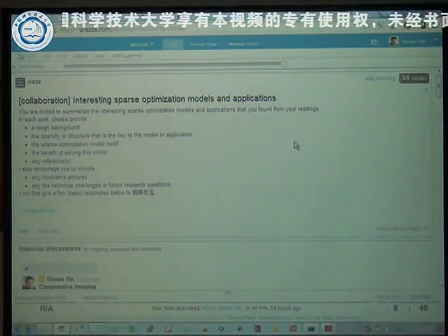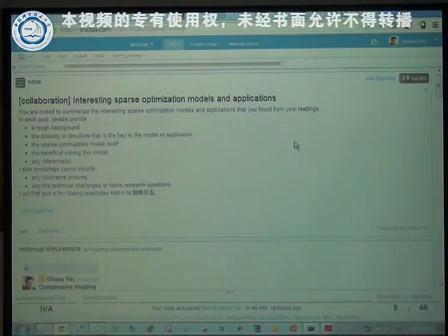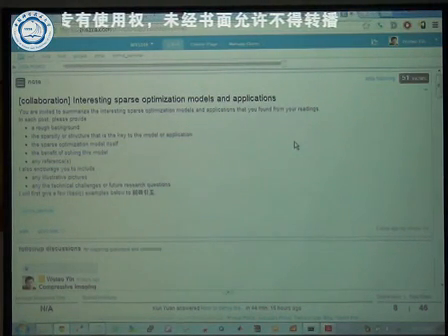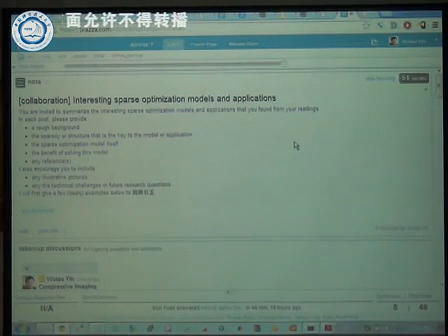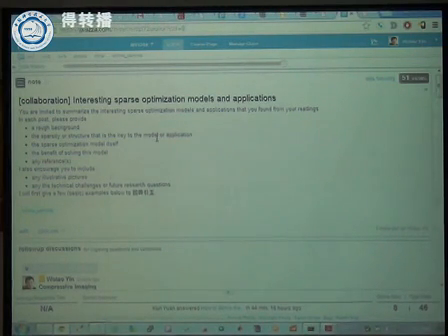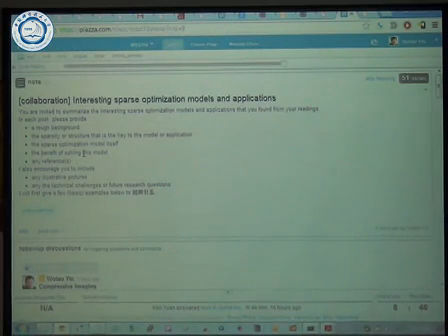So for every model and application, what we're going to find out is the background, what has motivated people to develop such a model and application, and then basically tell you what is sparse. Then I'll give you the optimization model, what you're going to get out of this model, called the benefits of solving this model, and any references if you want to read further.